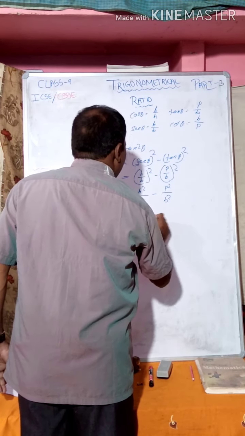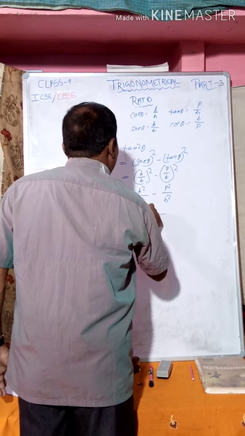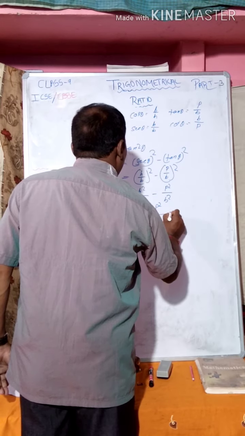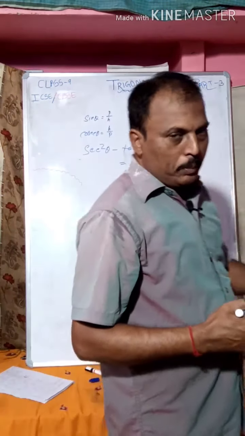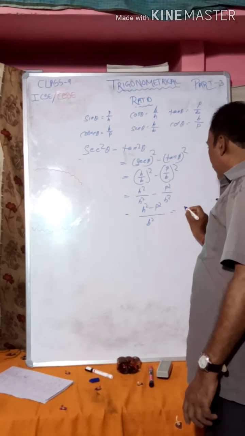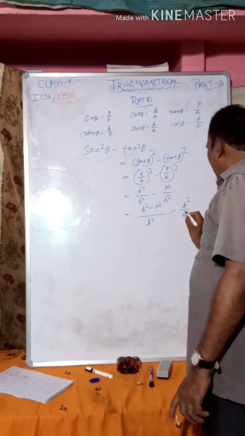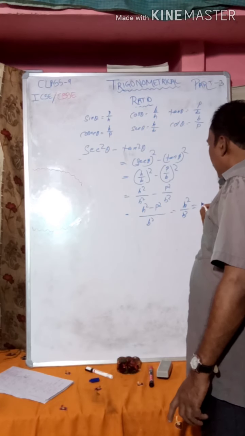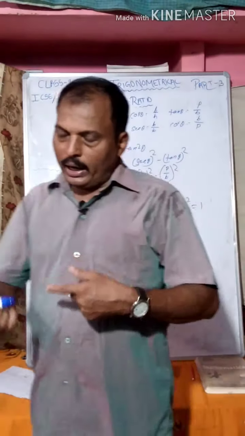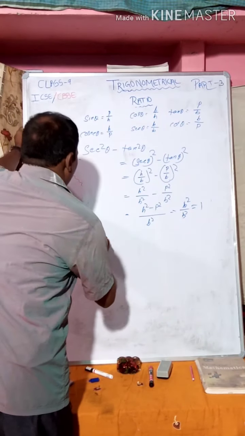Then LCM b square, and in the numerator h square minus p square. We know h square minus p square is equal to b square. So instead of h square minus p square we can write b square, and b square upon b square cancels, that is equal to 1. So we know another formula: sec square theta minus tan square theta is equal to 1.